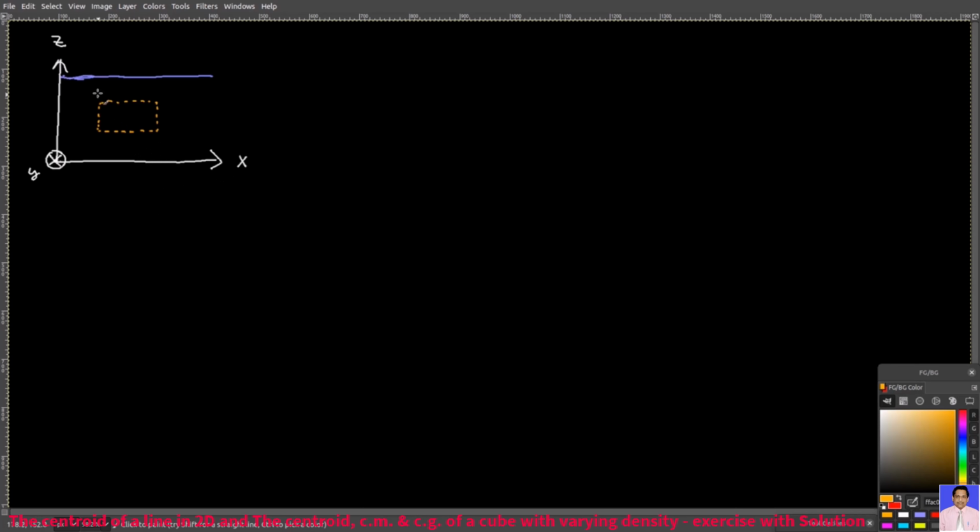You have the x and the z dimensions, and then the y dimension goes into the screen. Now this cuboid has the dimensions of delta x, delta z, and then in 3D you would also see delta y. And so this volume inside the water is in equilibrium. It's just water.